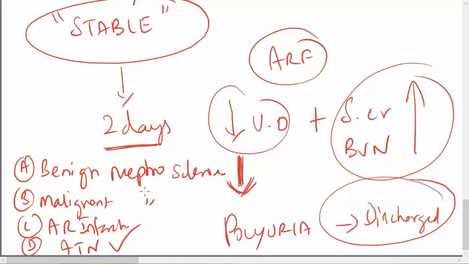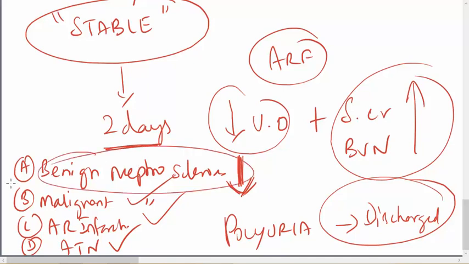After 2 days, his renal function is going down and keeps going down, creatinine keeps increasing, and the patient died. What could it be? In the given choices, the only chance is acute renal infarction, or it could be malignant hypertension. This benign nephrosclerosis will not kill him.